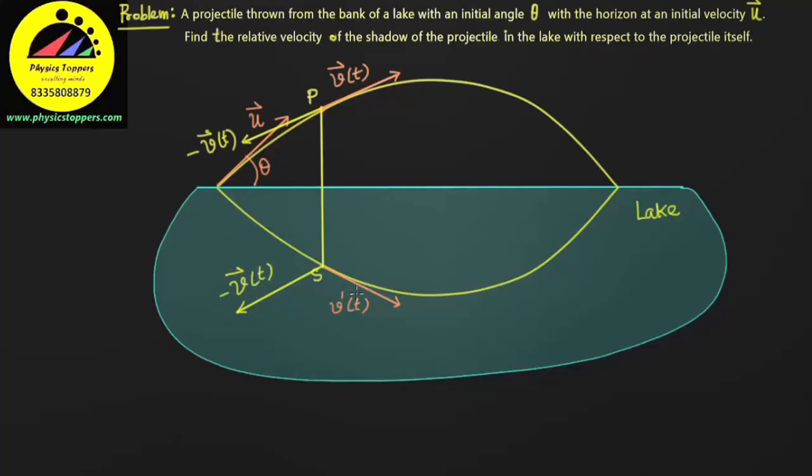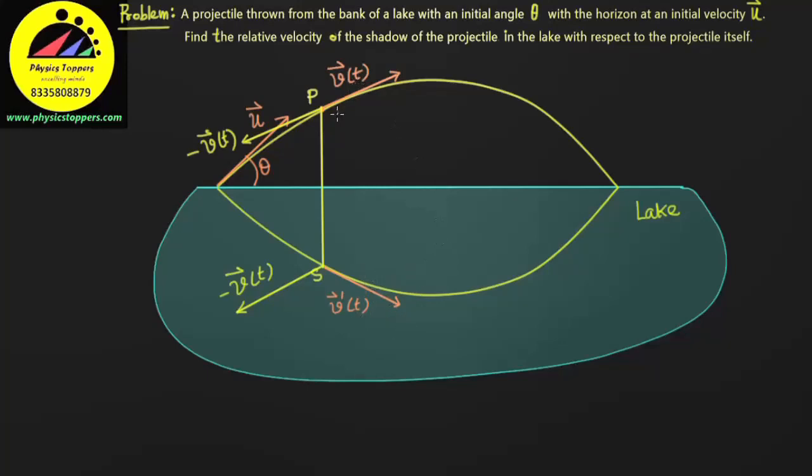And the resultant of this minus Vt and this Vt gives the exact value as well as direction of the relative velocity.